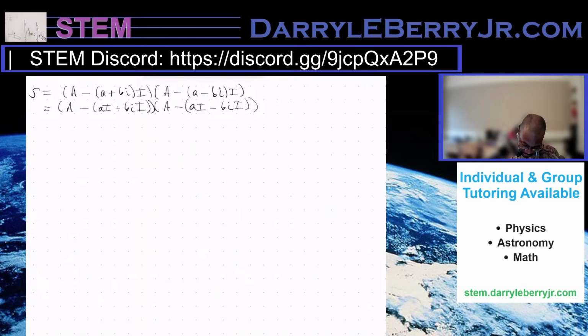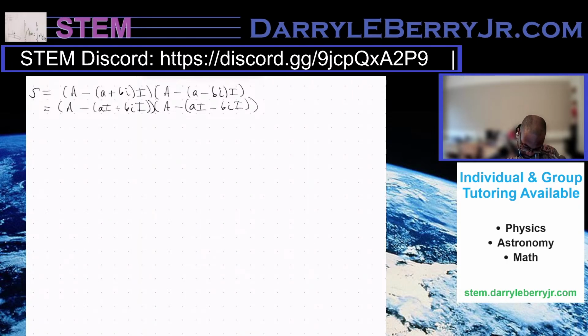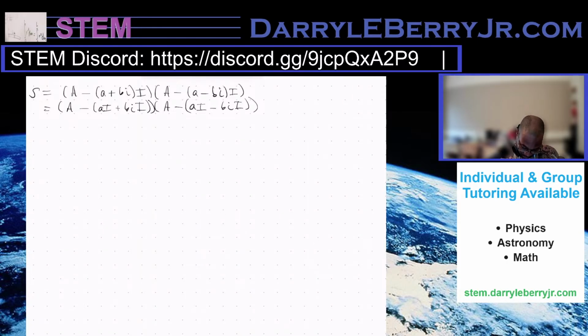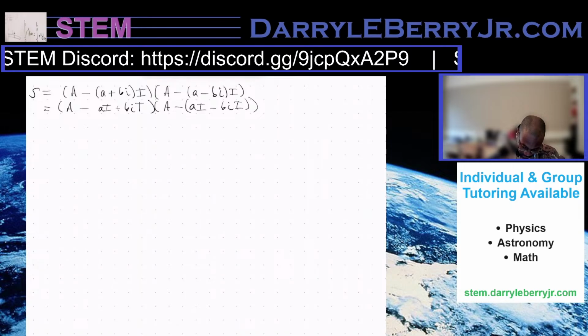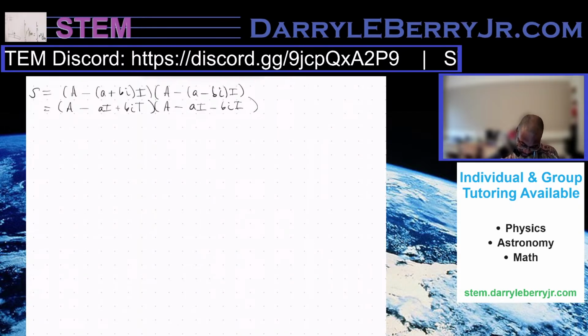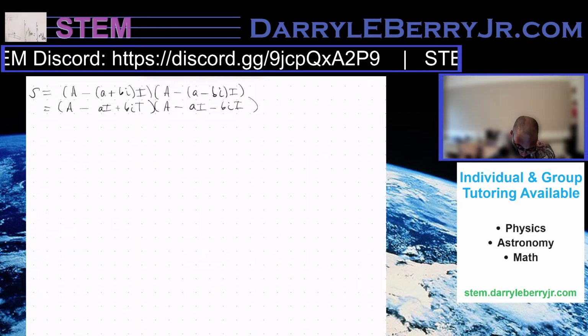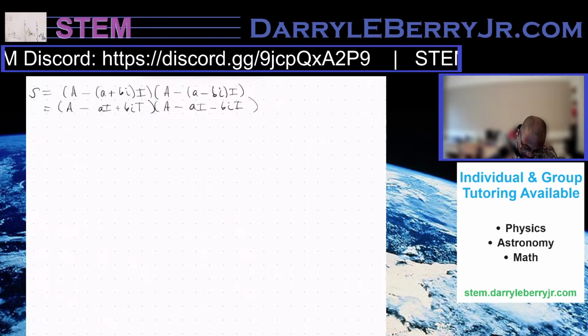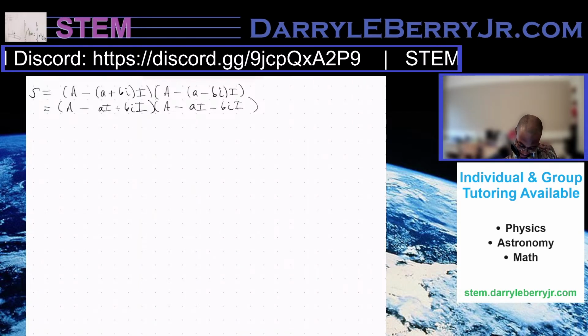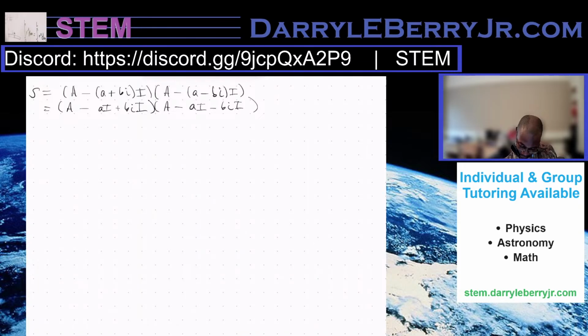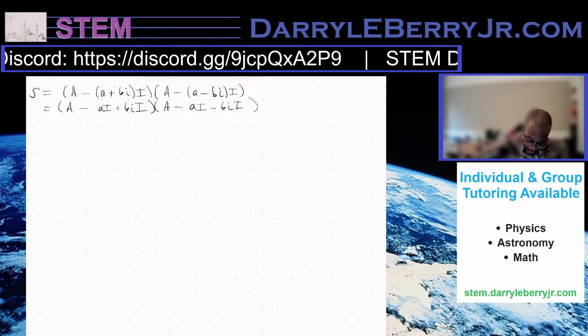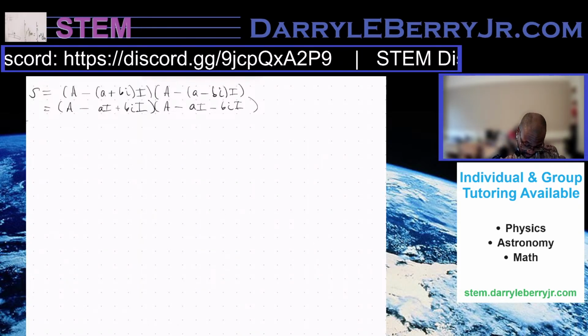Perhaps it's better to do it in threes, right? So I distributed the capital i into everything, and this should still give us the same answer.